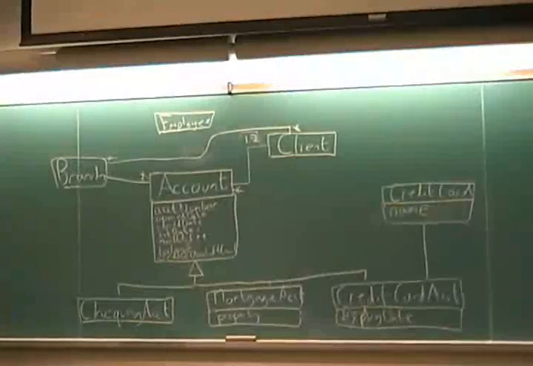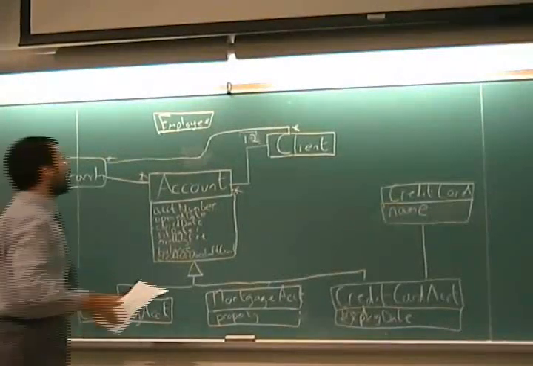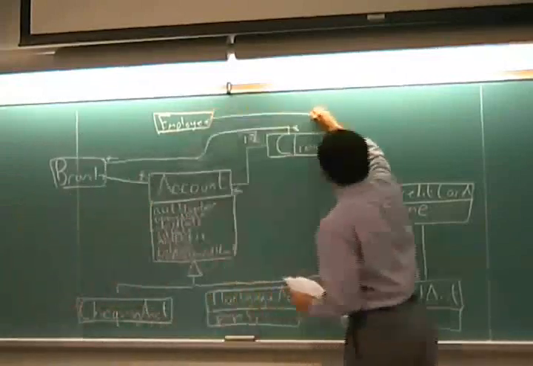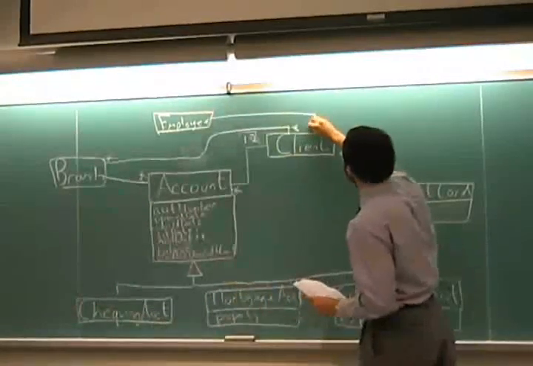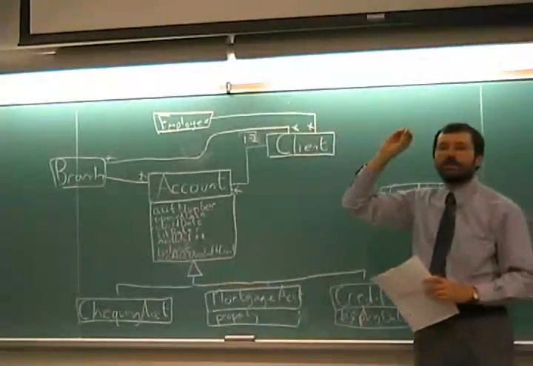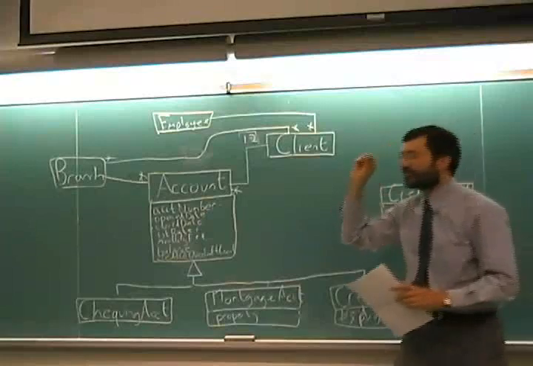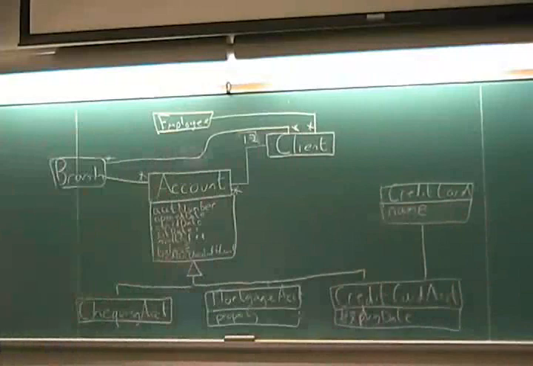An employee has many clients. How are we going to label this association? What does the actual text of that statement say? I can read it out again if you don't have it in front of you. It says, each customer is assigned a particular employee as his or her personal banker.